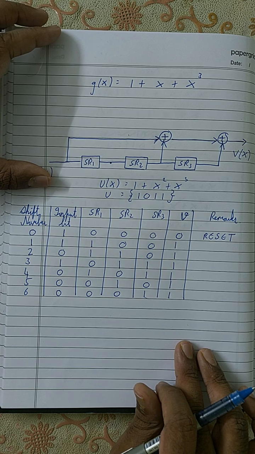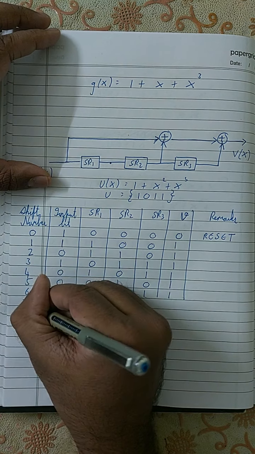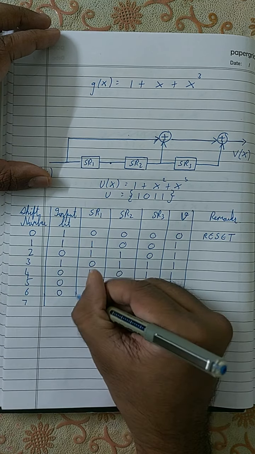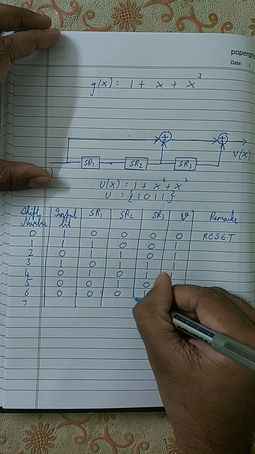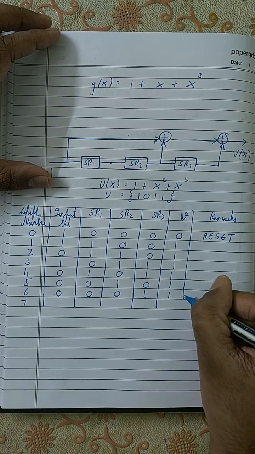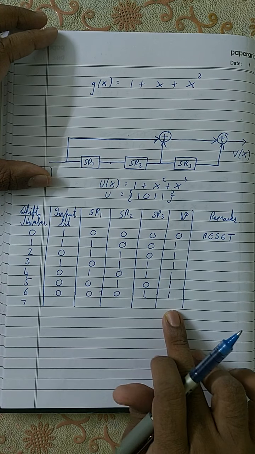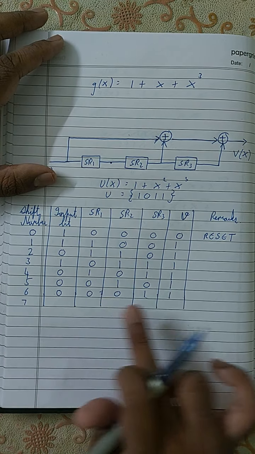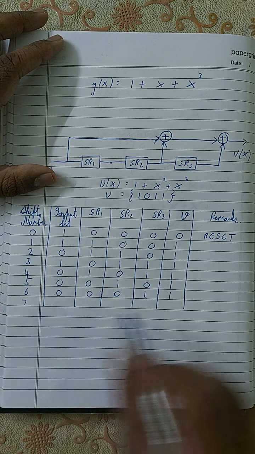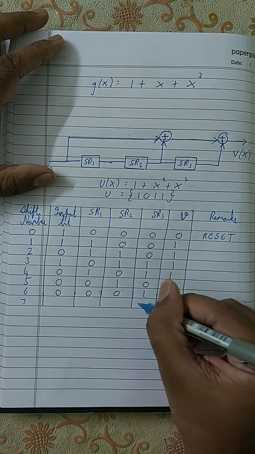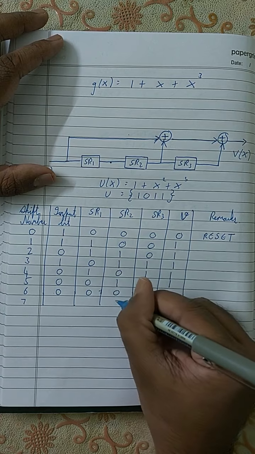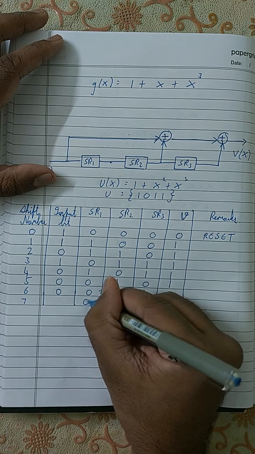Then at the last clock cycle, first you calculate the output, SR3 plus SR2 plus input bit, which is 1 plus 0 plus 0, which is 1. This 0 will be shifted over here, this 0 will be shifted over here, this 0 will be shifted over here.